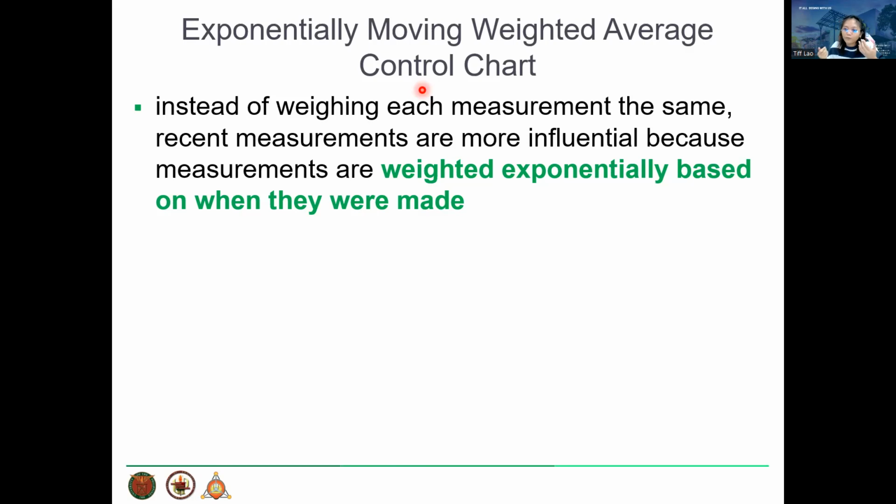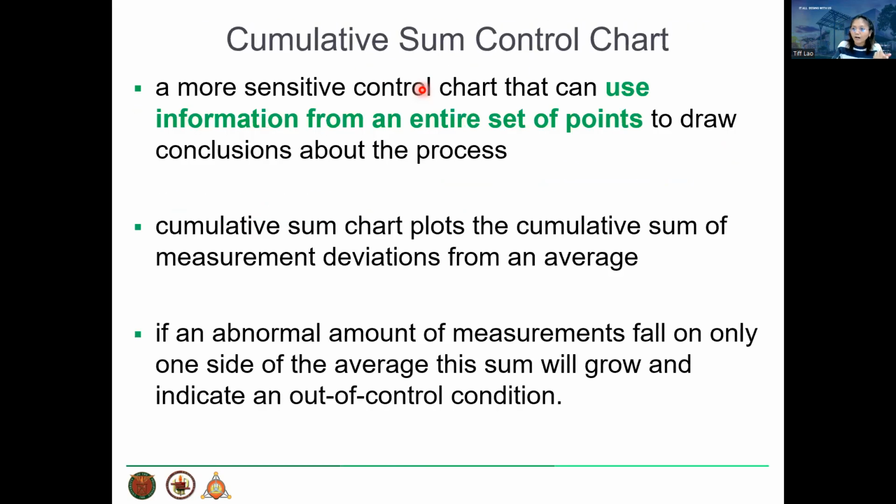So for example, if you're given day 1 and day 2, maglalagay ka ng much more weight sa day 2 than day 1. Klaro? Samantala dito sa cum sum, ina-assume dito na walang nangyayari or negligible yung changes per process per day or per log. Okay?